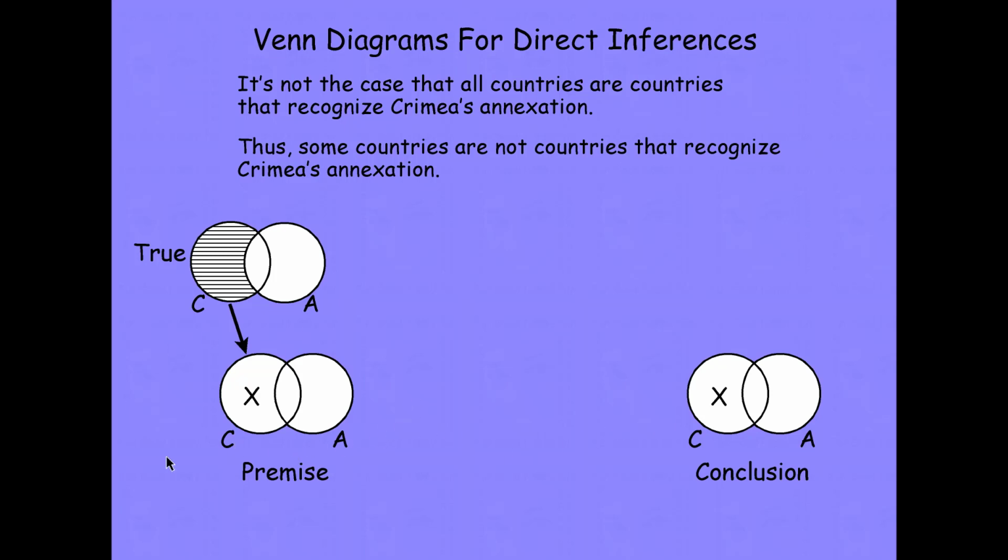Here's what we are guaranteed to have if our premise is true. There's at least one thing. It's in C. It's outside of A. So we say I need this, at least one thing that's in C outside of A to be the case in order for my conclusion to be true. If my premise is true, it guarantees that that's the case. And so my argument is valid in Boolean logic.